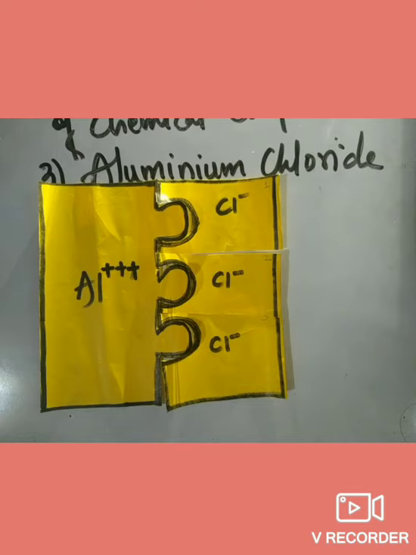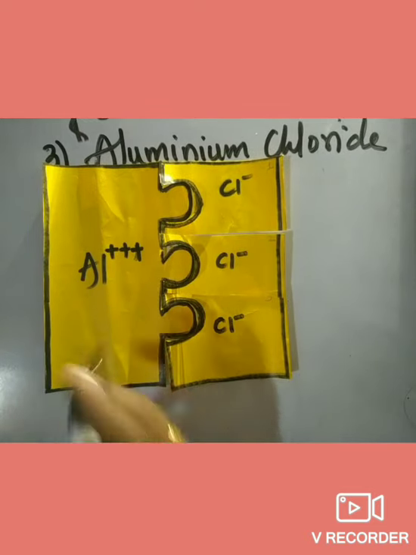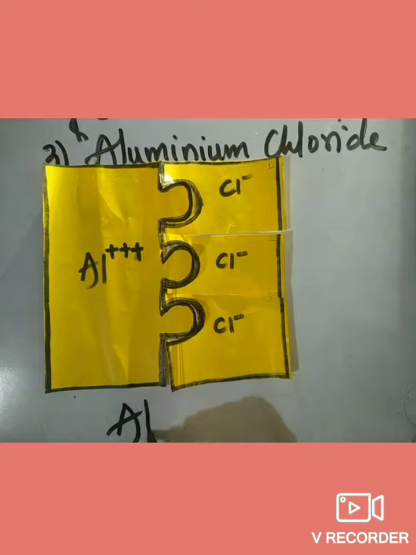What we did here, I used only one aluminium, but to make the compound with chlorine I had to use 3 chlorine. So Cl3. So the molecular formula of aluminium chloride would be AlCl3.